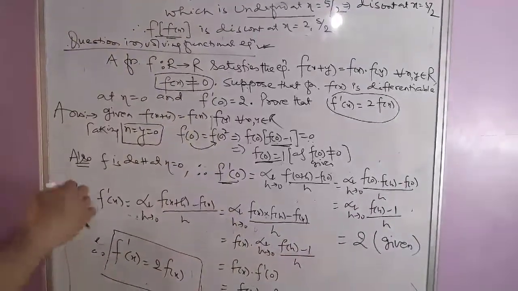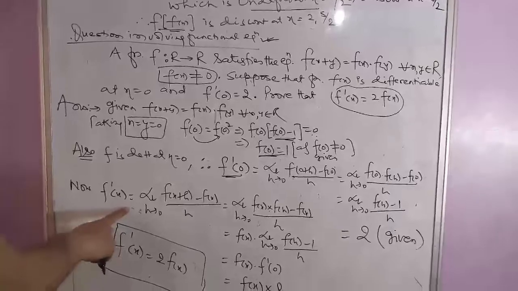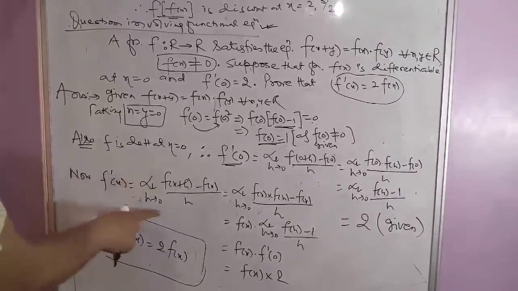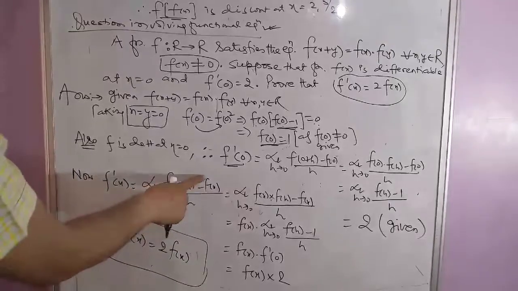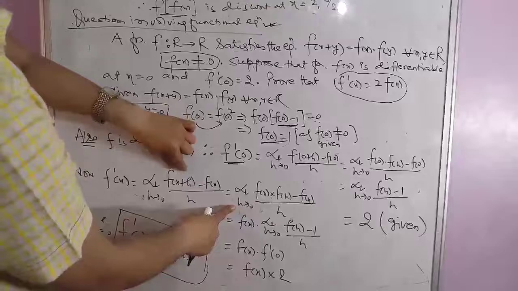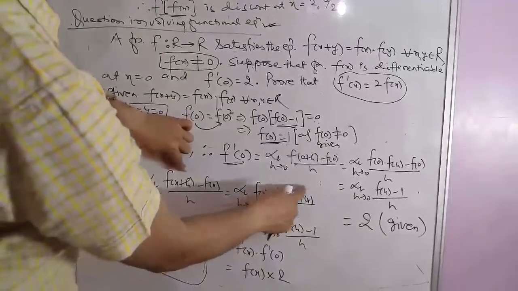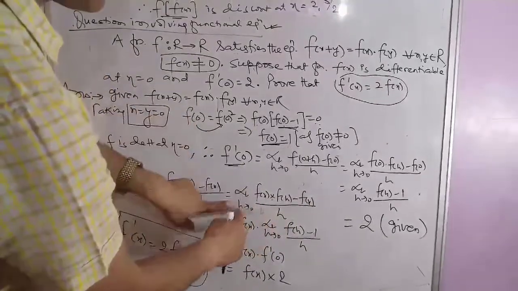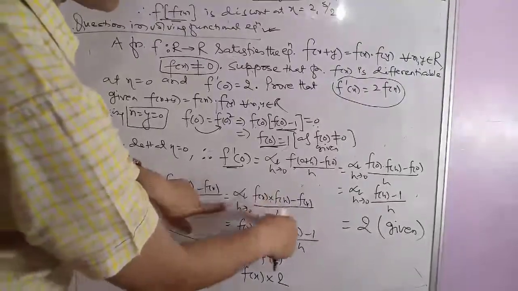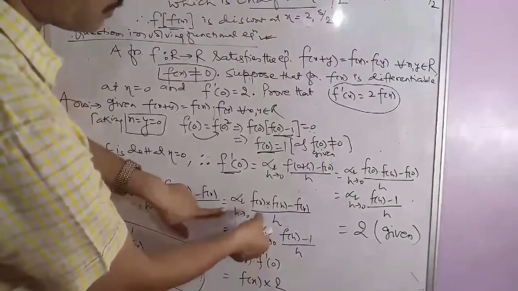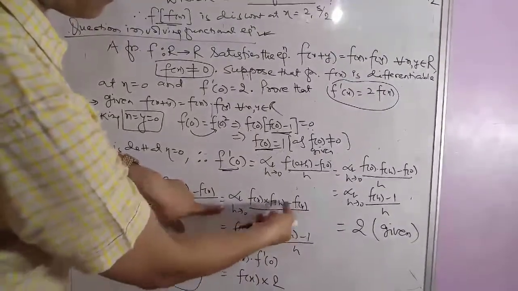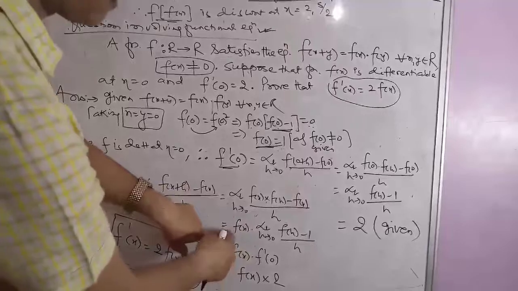Now f dash x. First write the formula for f dash x: limit h tends to 0 of (f(x plus h) minus f(x)) by h. Using the functional equation, (f(x) into f(h) minus f(x)) by h. Here h is the variable for this limit and x is constant, so we take f(x) out common from the limit.